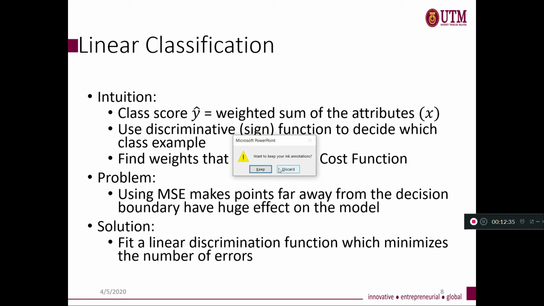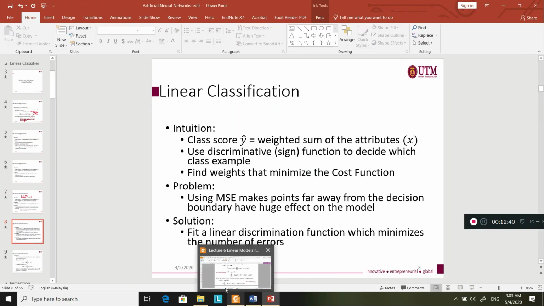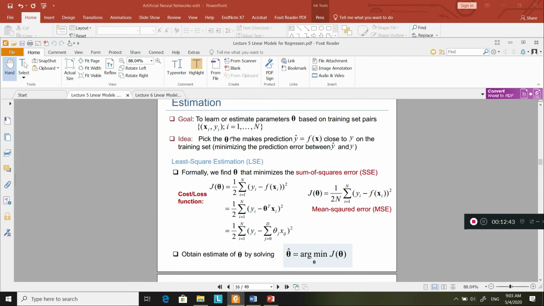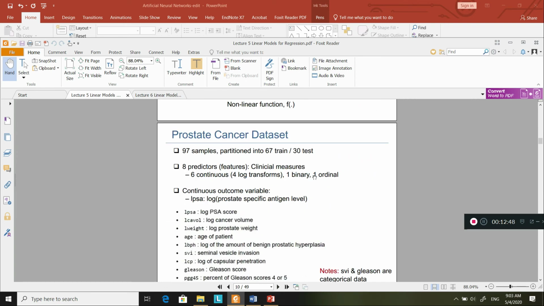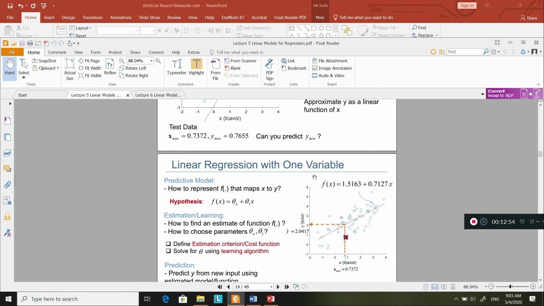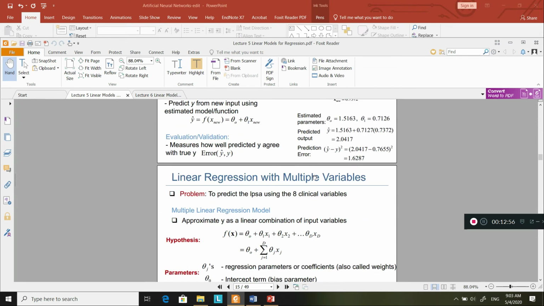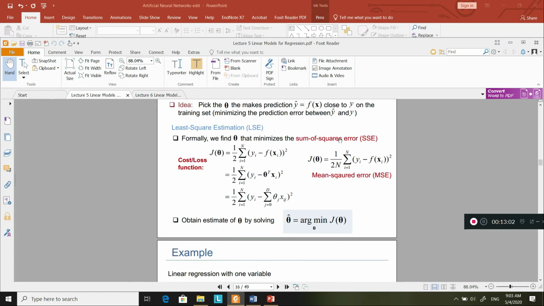If you remember, in the previous lecture, when you learned the linear model for regression and wanted to minimize your cost function to find the optimum theta, you used gradient descent, and you defined your cost function as mean square error.